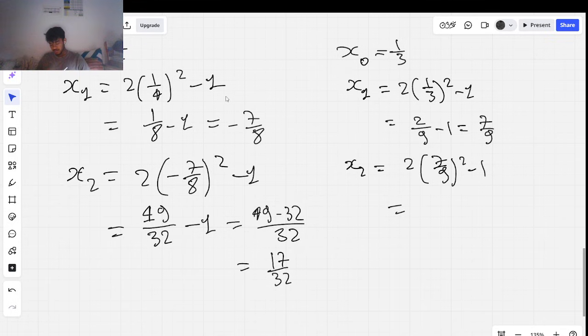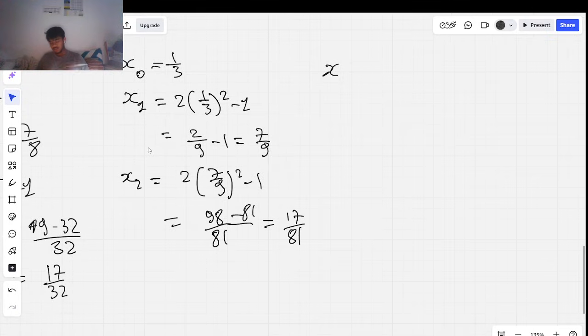This is equal to 49 times 2, which is 98 over 81 minus 81. So 9 plus 8 is 17 over 81. Actually, this pattern keeps on repeating. 17 is there too.